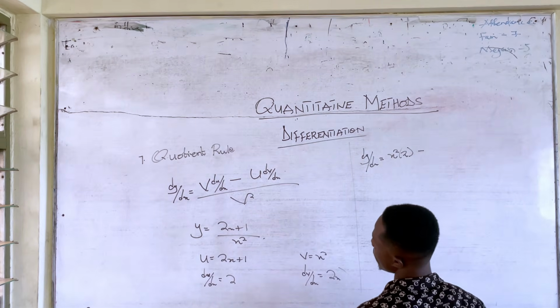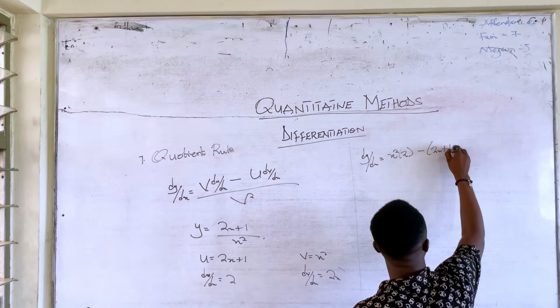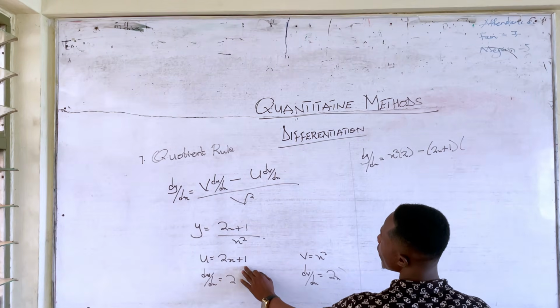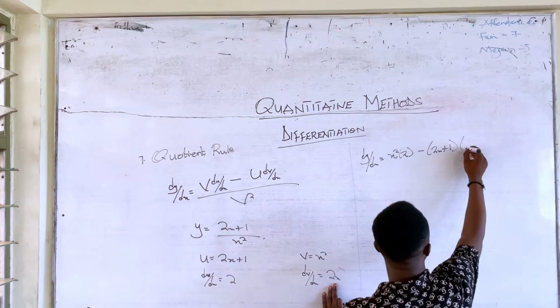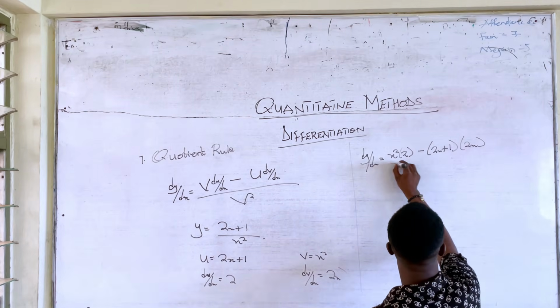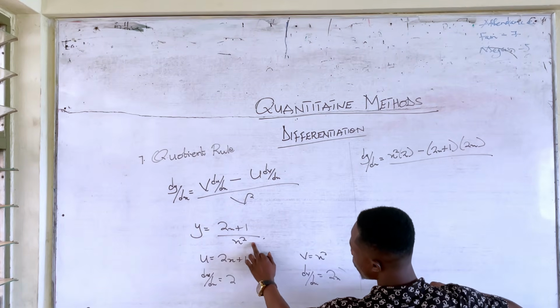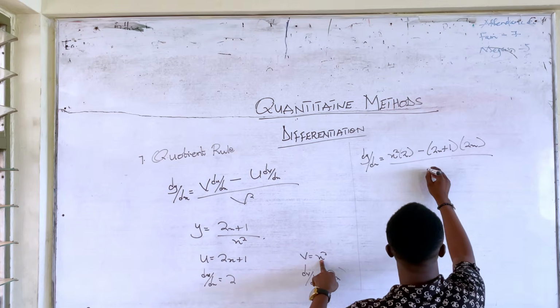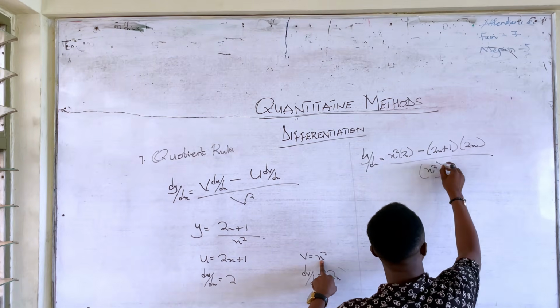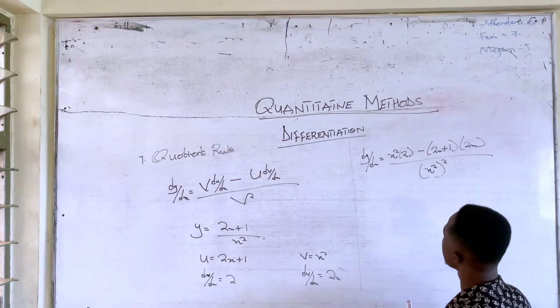We have minus u, which is 2x plus 1, multiplying dv/dx, that is 2x, right? Then we divide everything by v squared, and v is x squared, so we square it. Okay, so now we are going to expand the brackets.